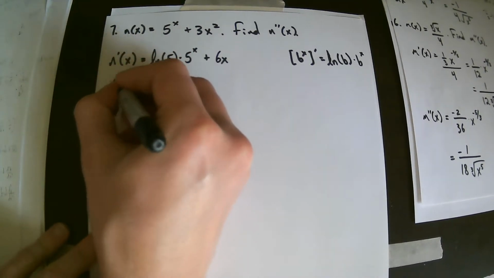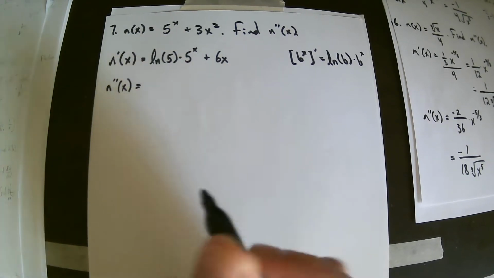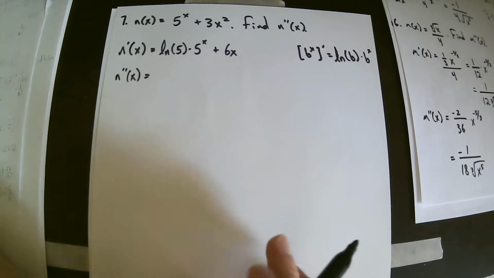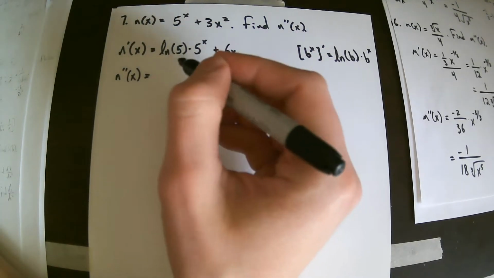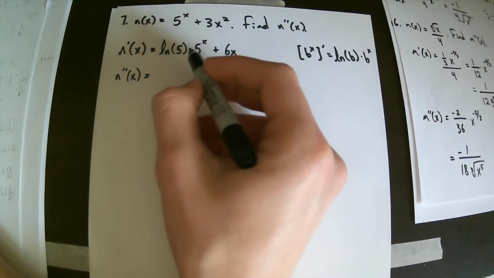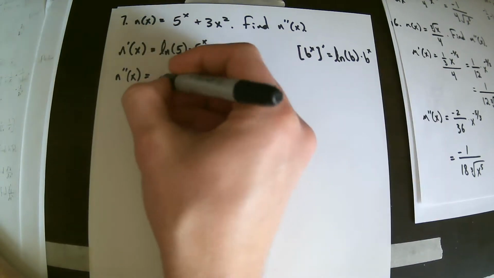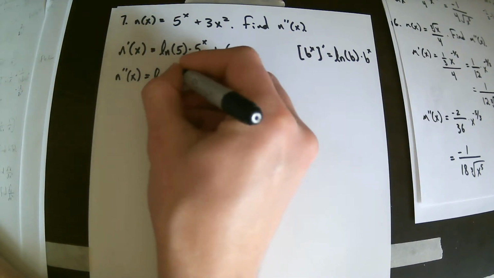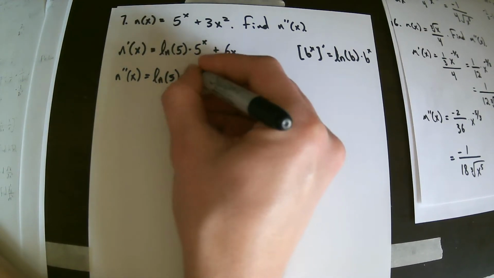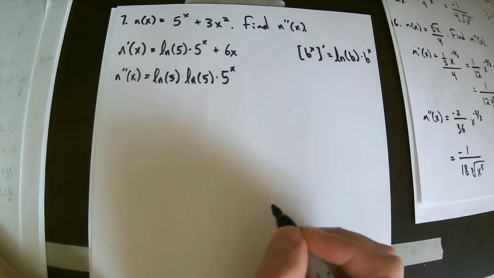Second derivative, so now I'm going to take the derivative of this. Now what's going to happen here is ln of 5 is just a constant. It's just a number. So basically, I'm going to ignore it, kind of tack it on to whatever the derivative of this is, but remember the derivative of this is going to be, so here's the first ln of 5, that's just that coming down, and then times another ln of 5 times 5 to the x.